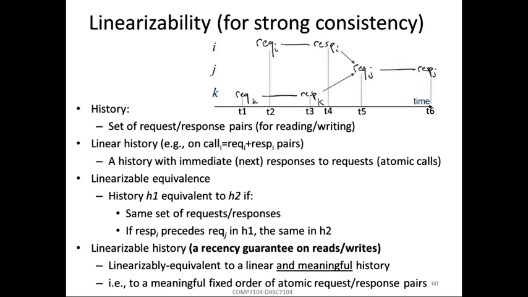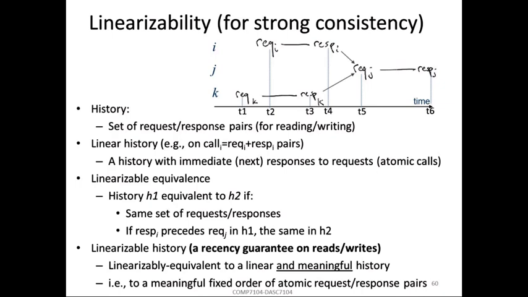So this is what a linearizable history means, and this is basically what a distributed database system, and in particular a NoSQL system, should guarantee for strong consistency.